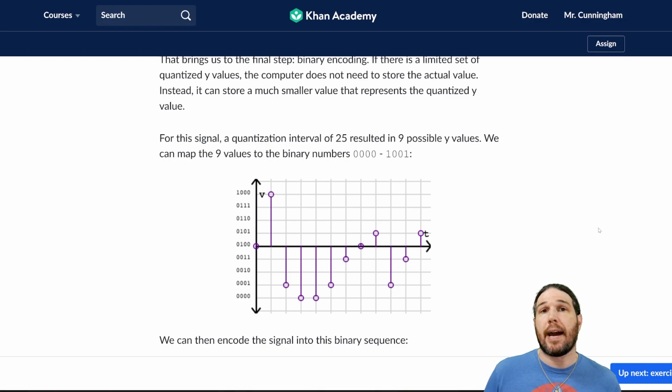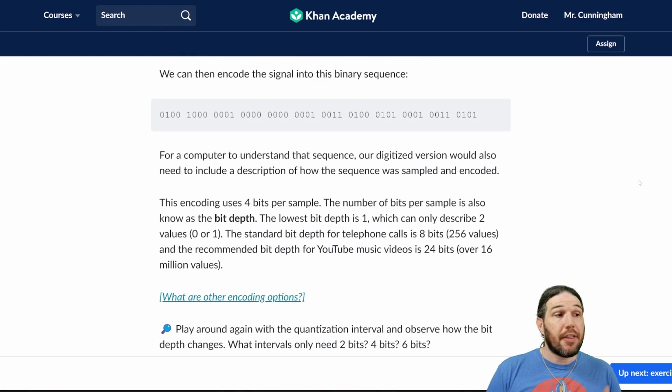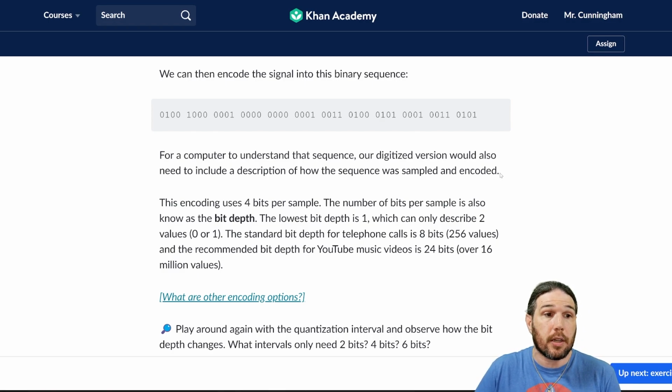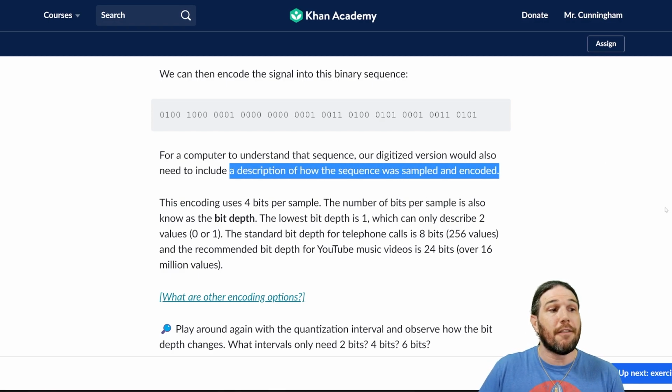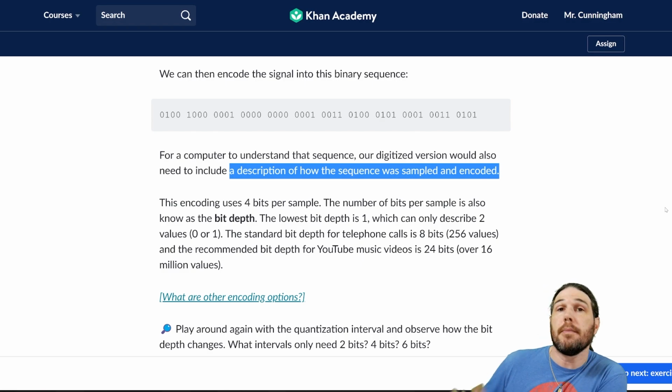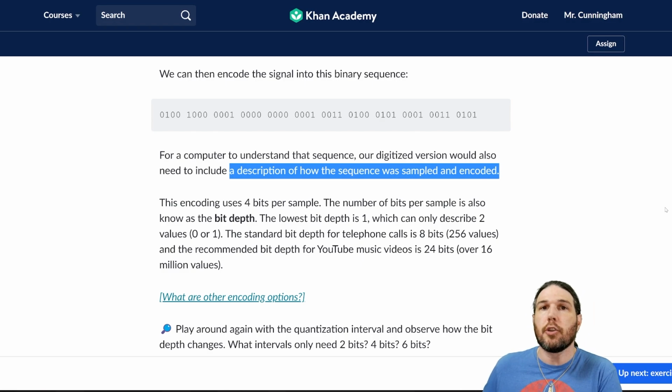It's just a matter of compressing the file so that it uses fewer bits without getting any more inaccurate than it already was. We can then encode the signal into this binary sequence, and of course, for the computer to understand the sequence, our digitized version would also need to include a description of how the sequence was sampled and encoded. We would have to give the intervals to the other computer as part of the file so that they can decode it and have it come out right.